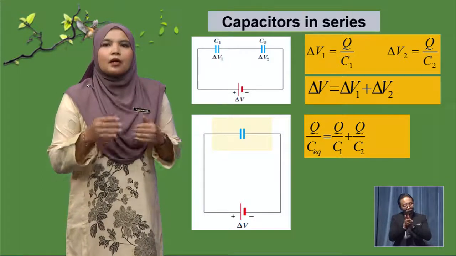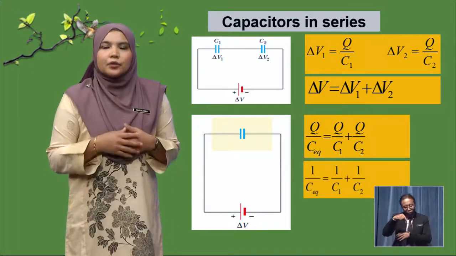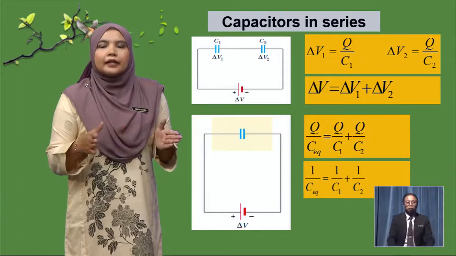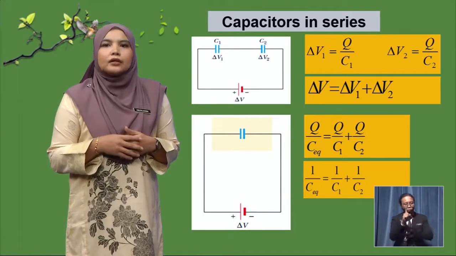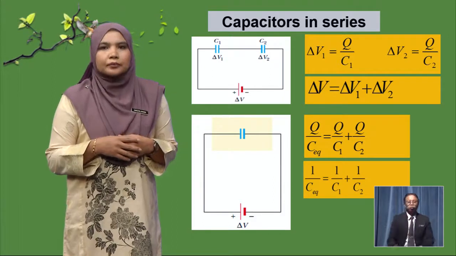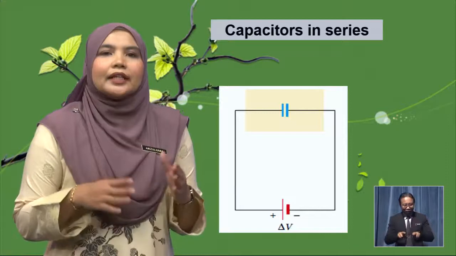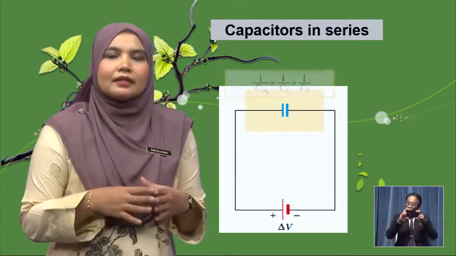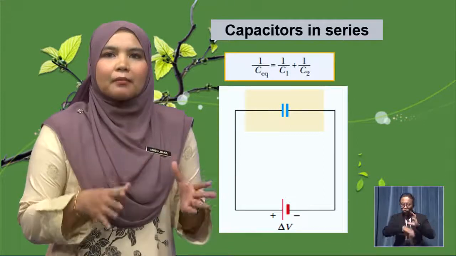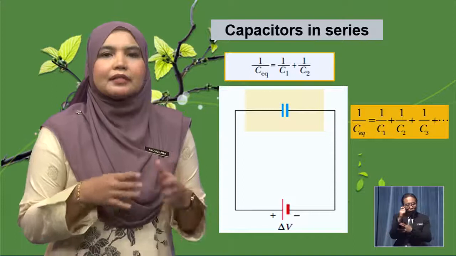Hence, 1 over C equivalence equals 1 over C1 plus 1 over C2. As a result, the inverse of the equivalent capacitance is the algebraic sum of the inverses of the individual capacitance.